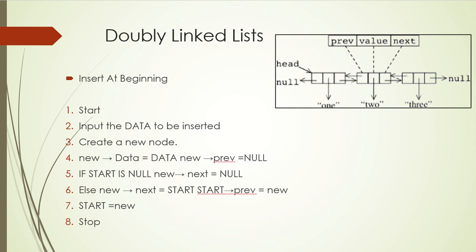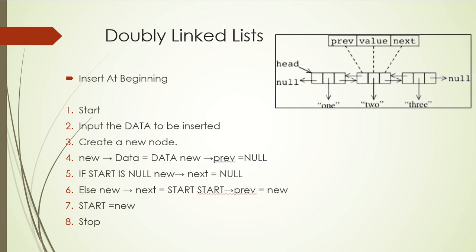We already have a linked list, and there is a pointer called head which points to the start, or first node, of the linked list. Then you create a new node. That new node's next field points to the original first node of the linked list, and the header should now point to the newly created node. This is what the process is all about. Let's see how this can be done.